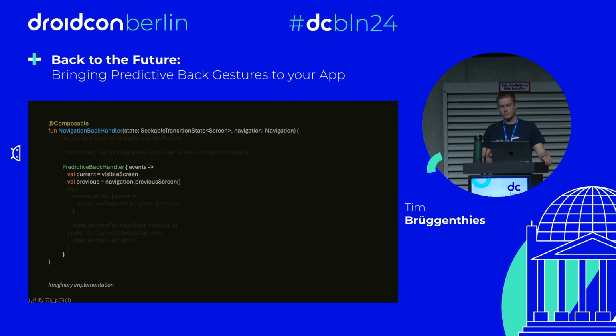So we do this from our navigation framework. Of course, this is still just imaginary. We collect the events that are passed from the PredictiveBackHandler, and every time an event is emitted, we just take the progress from the event and basically seek to the progress in time. So we just call seekTo on the SeekableTransitionState, and this will move basically from 0 to 1 in our transition.